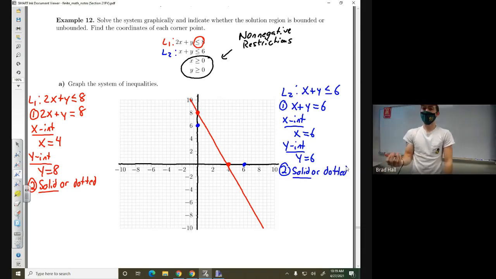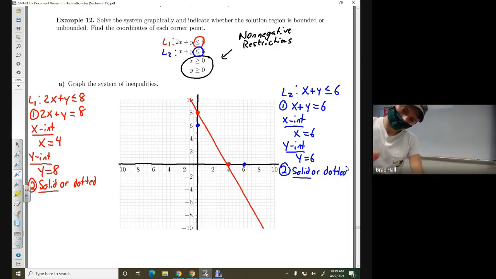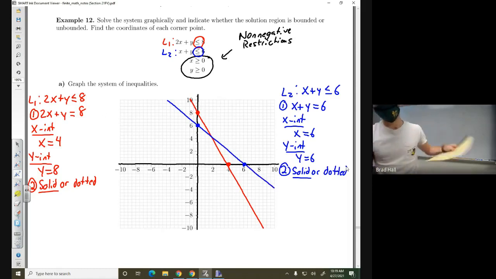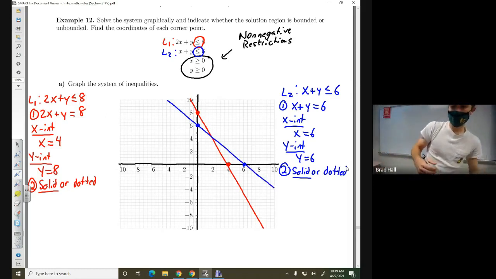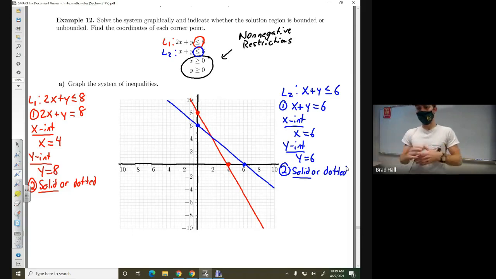Again, it's solid because we have an equal to part in our corresponding inequality. So here's our 2 lines along with the non-negative restrictions.